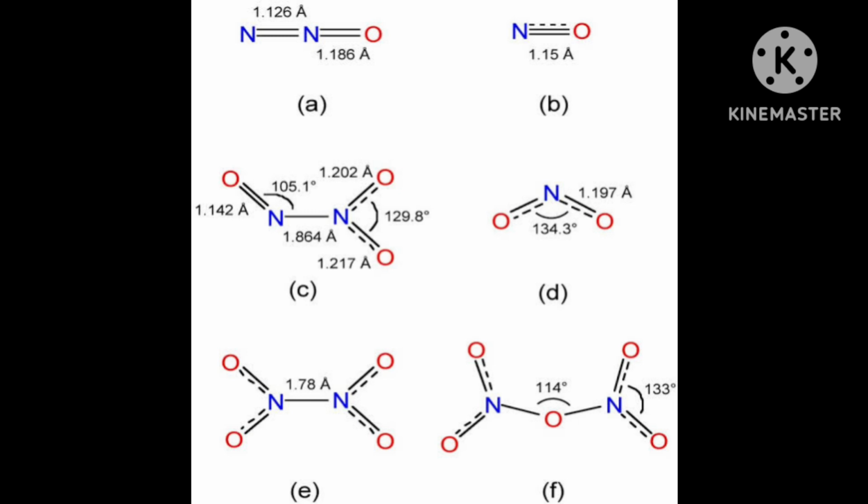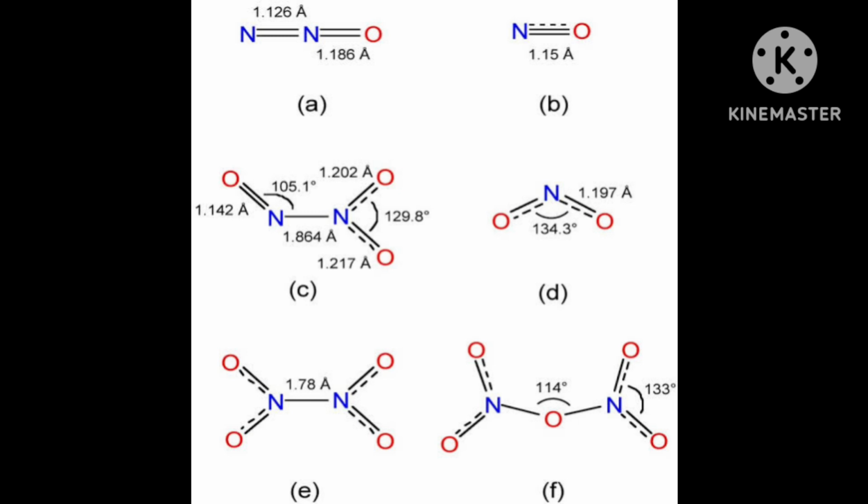As for example, the first nitrogen was joined with 2 oxygens. Then between the 2 oxygens, O and O, what is the angle? That angle is 105 degrees. Here I am telling you the 2 angles.